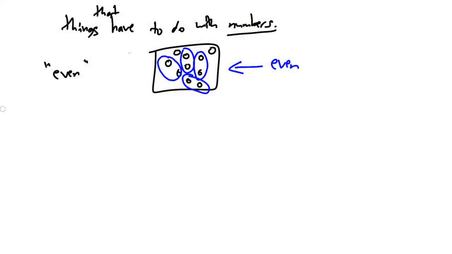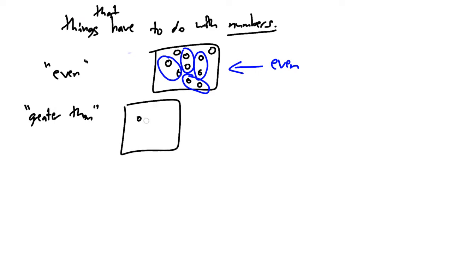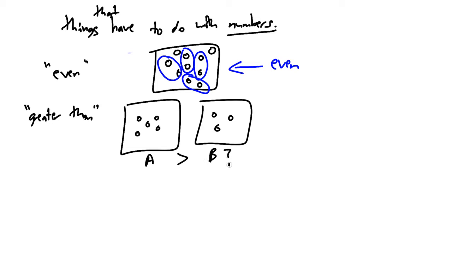Okay? Here's the next one. What if I talk about greater than? I'm going to make a number here. I'm going to make a number here. And I'm going to say, is it true that this number A is greater than the number B? And the answer is yes.